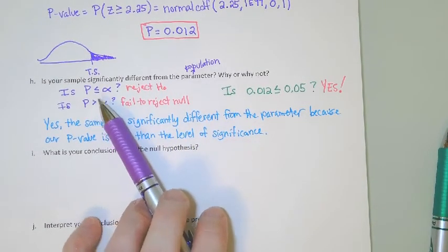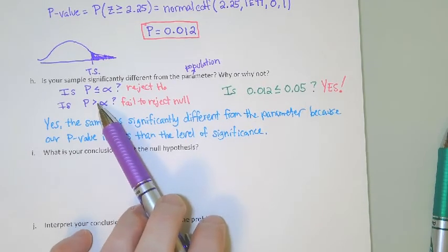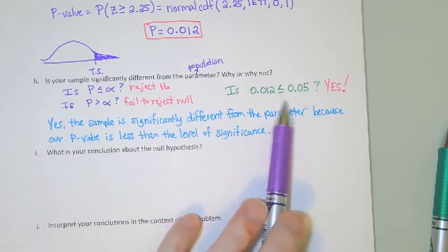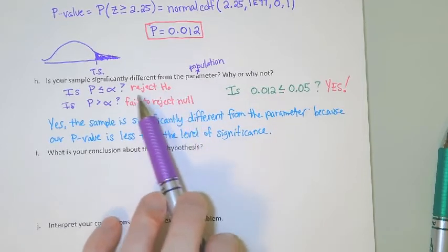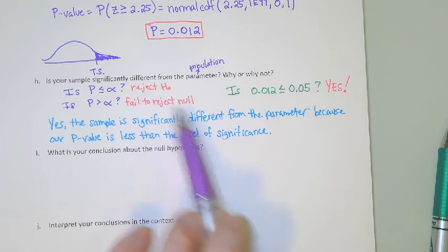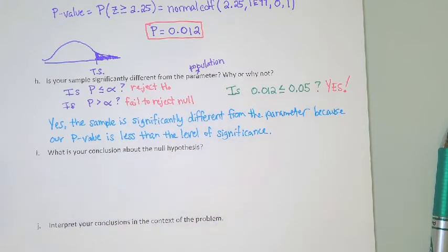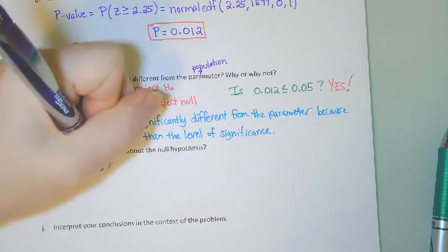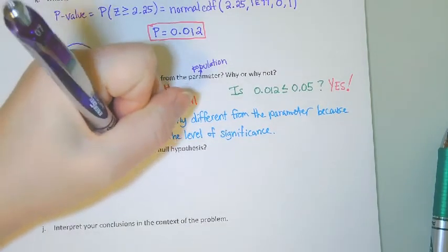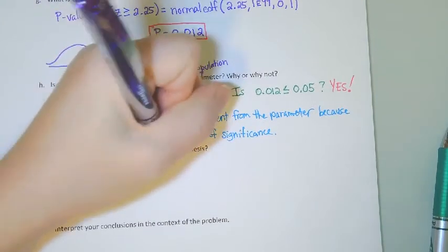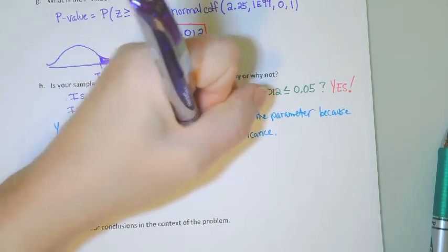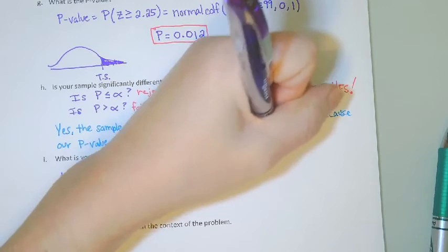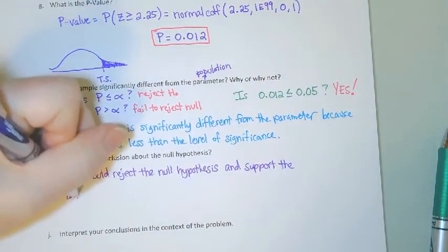Because we determined our sample was statistically significant and our p-value was smaller than the level of significance, that tells us we want to reject the null hypothesis and support the alternative hypothesis.